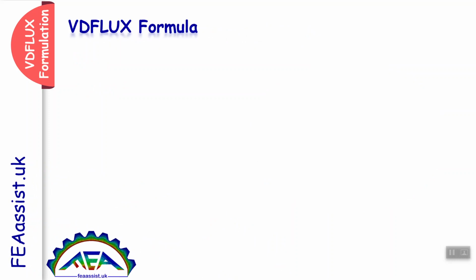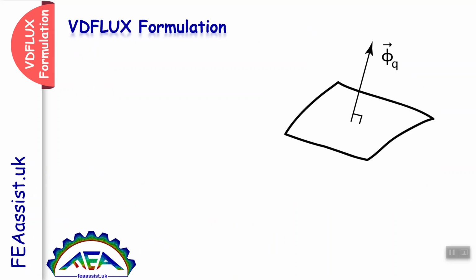VDFlux formulation. Before going into the details of the formulation, you need to understand the meaning of flux. What is energy flux, or heat flux, or mass flux? In heat, flux means the amount of heat transferring through a unit of area in a unit of time.